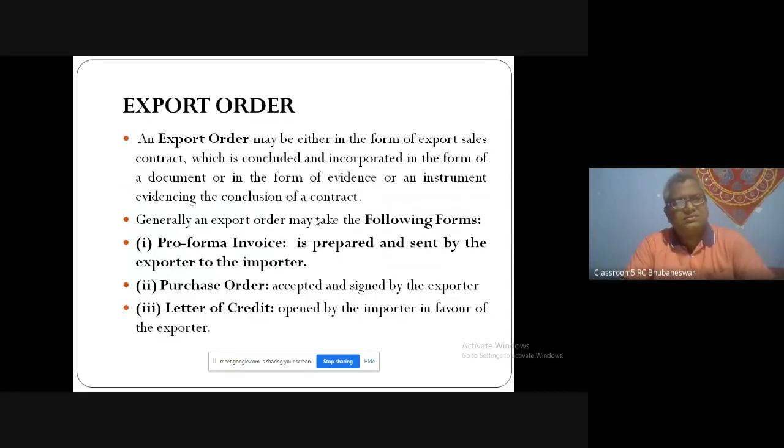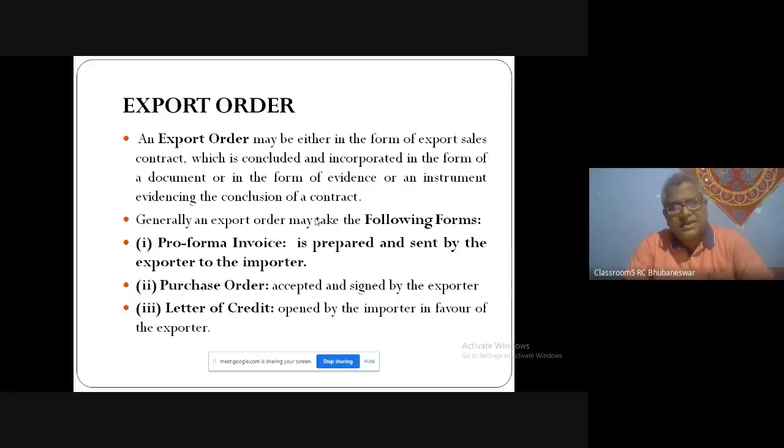I have already discussed in the last class what export sales contract and export order are. An export order is either a form of export sales contract, or a documentary evidence, or one type of contract between two parties for sending the goods.